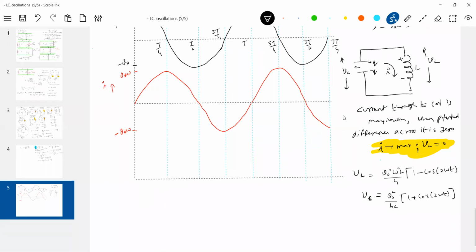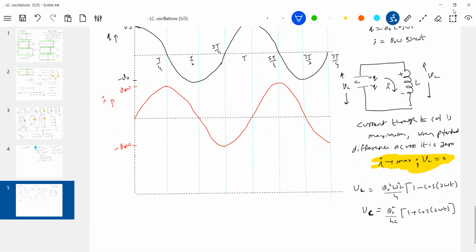So let's plot first the energy across the capacitor. Cos 2 omega t, put t equals 0. So it will start from here. Harmonic function.